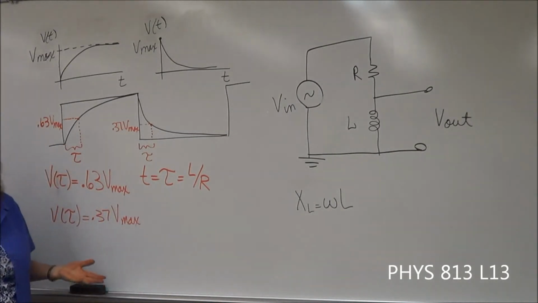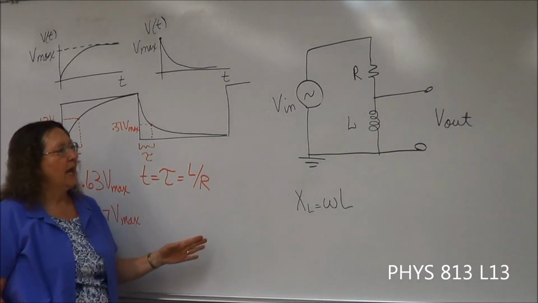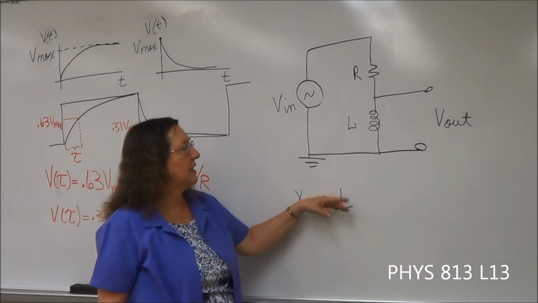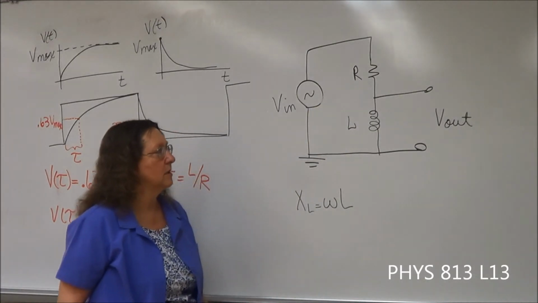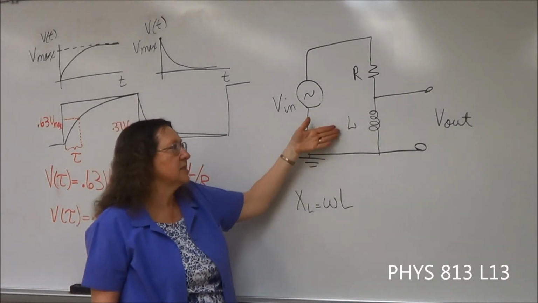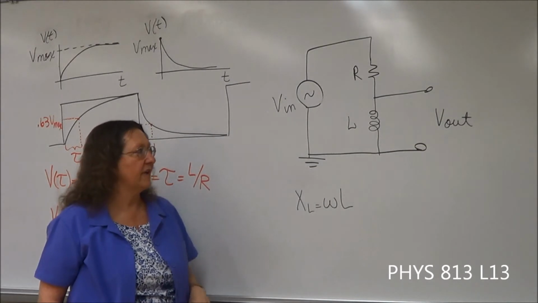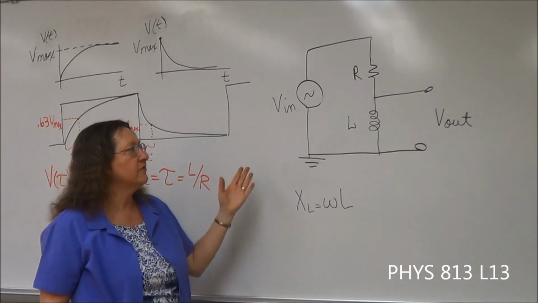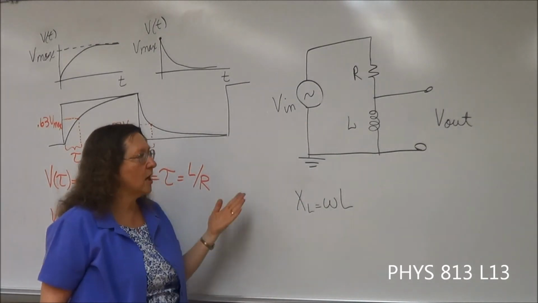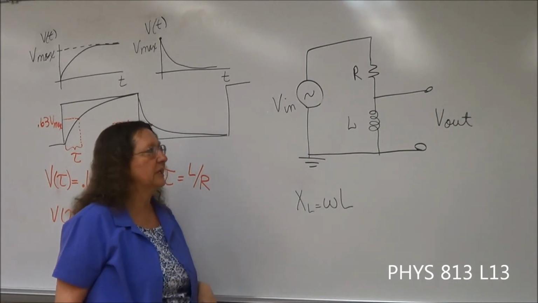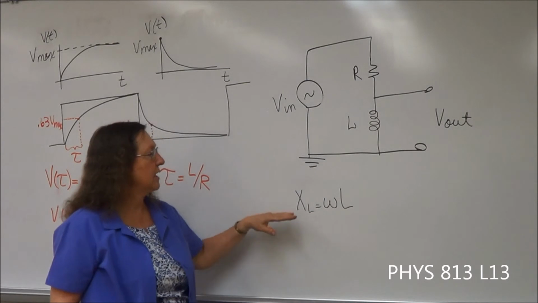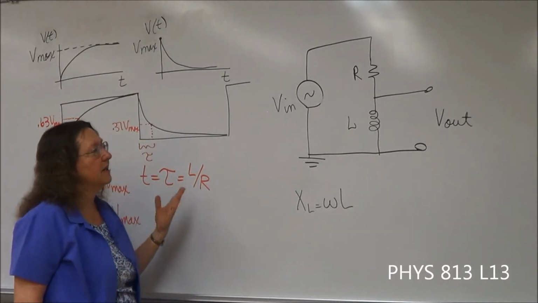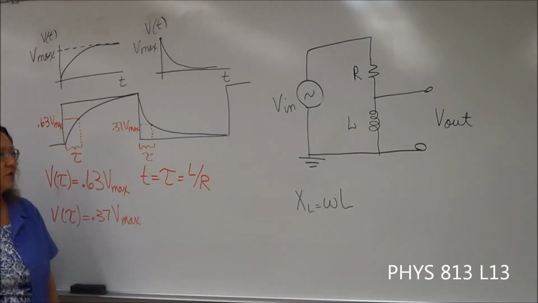So that means it has more of an effect in the circuit. And you could see why that would be, because it's the changing current that makes the inductor have its effect. So if the current is changing, if it's oscillating back and forth very rapidly, then it's changing a lot. And so when it's changing, it has a larger reactance and it has more of an effect in the circuit.